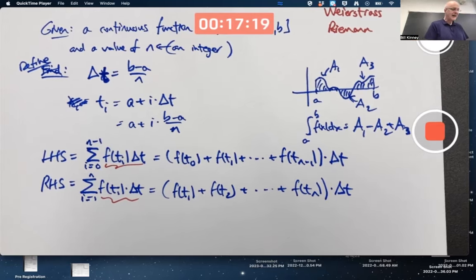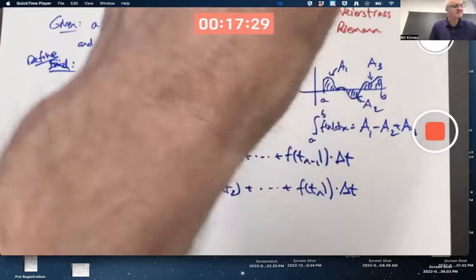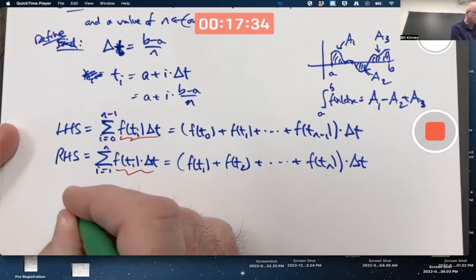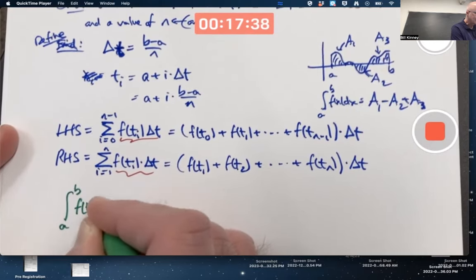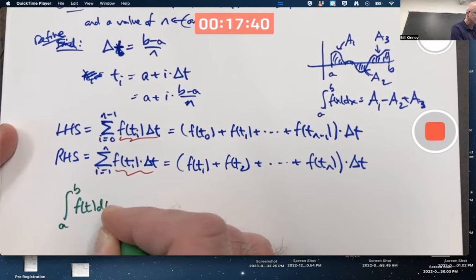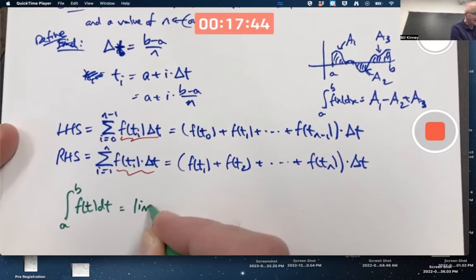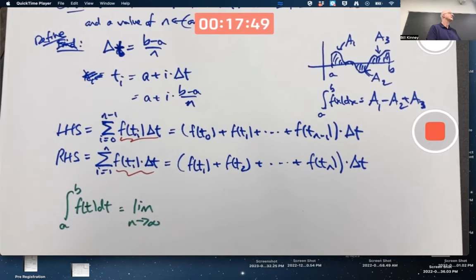Okay. And then neither of these equals the integral. You have to take a limit of them to get the integral. The definite integral of the function from a to b. Last Friday we wrote f of x dx. Today we're writing f of t dt, is the limit as n goes to infinity of either the left-hand sum or the right-hand sum.